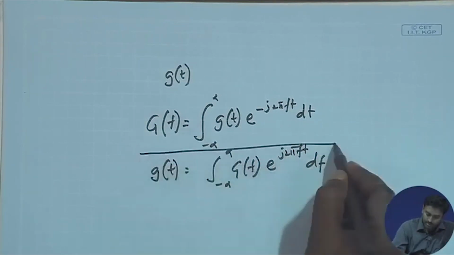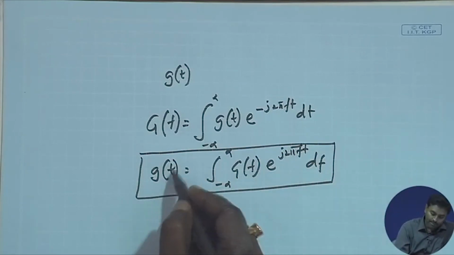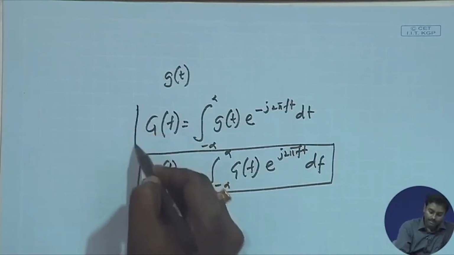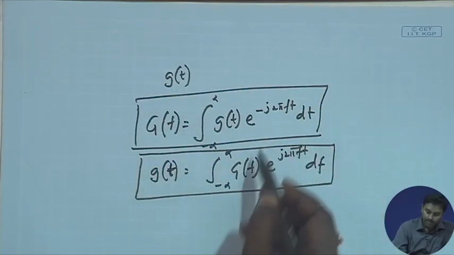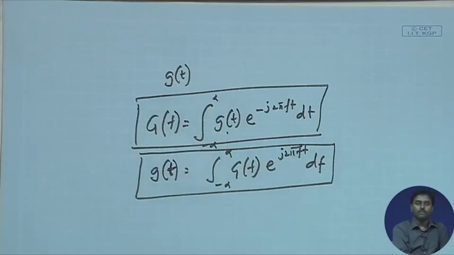So, this is in frequency integration, we get back our time domain signal. This is the time integration, from the time signal we get the frequency representation of it. Okay. So, this is something we have now identified.